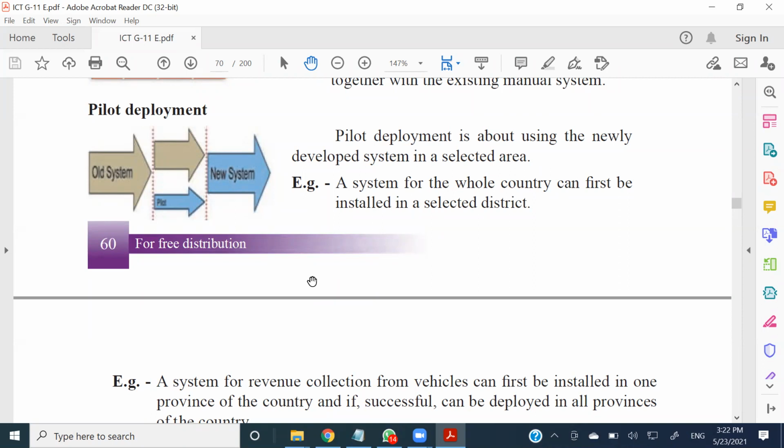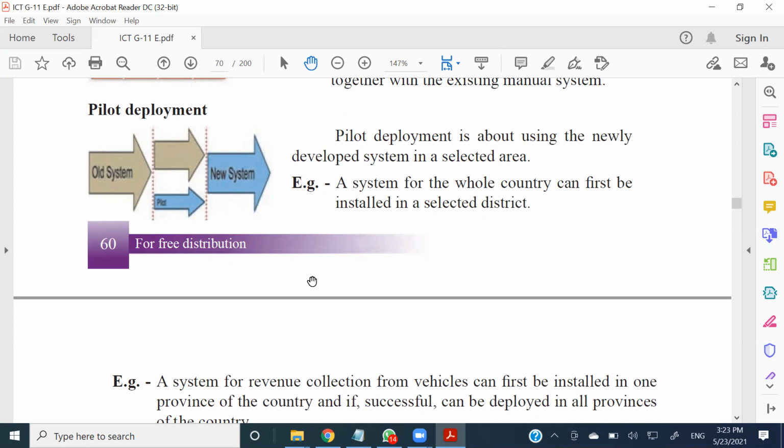So in general, a part of an organization will be given the new system, and once they confirm it is good to go, then the rest of the departments will be given the new system to be used, right? So the advantage is, in case the system gets an error, a majority of the organization will not be affected by it.